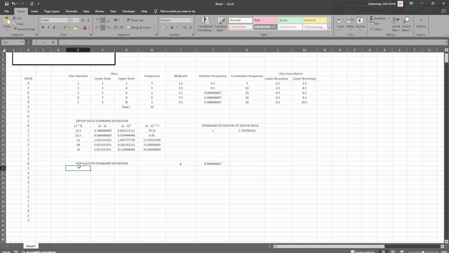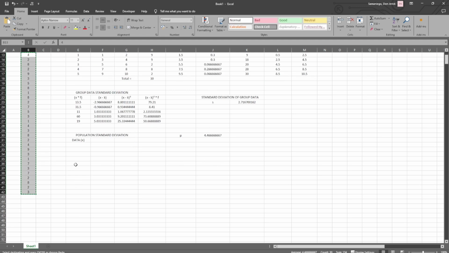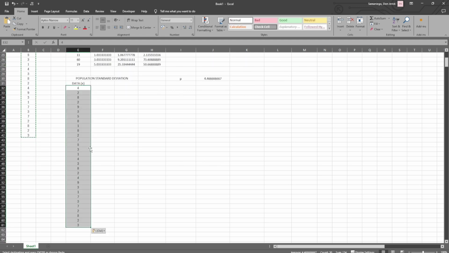Then we can now proceed to the data x. Data x is equal to all the data that we have. We can simply cut it and paste it.